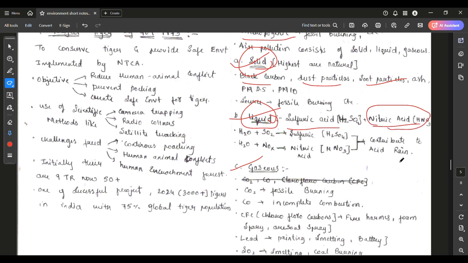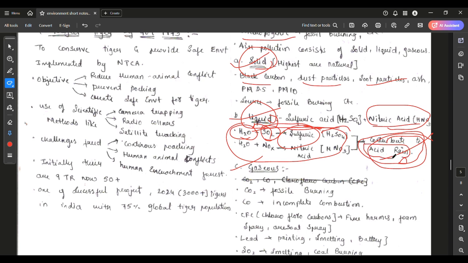Here I also explained acid rain. You can see here, when SO2 interacts with H2O, it becomes sulfuric acid. Like that, you can explain this formula and write the answer for acid rain. You can also bring in the causes of acid rain and the impact of acid rain.